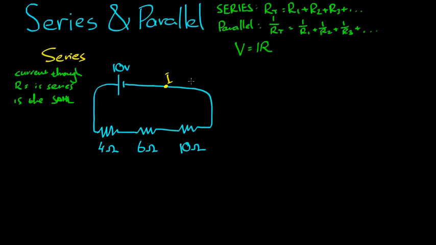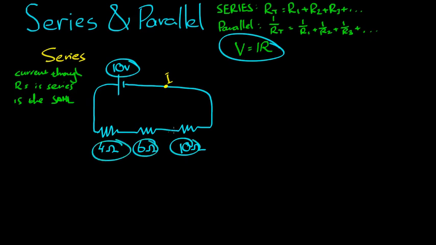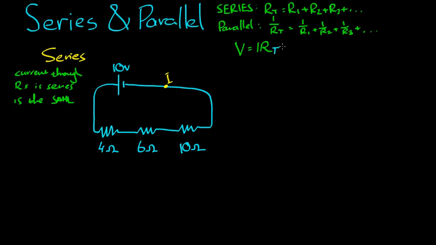Let's figure out the current here. We have Ohm's law. We have the voltage. We have the resistance of each of these individual components. But we need to figure out the total resistance, because we know that this applies for each component, but it also applies for the whole circuit.